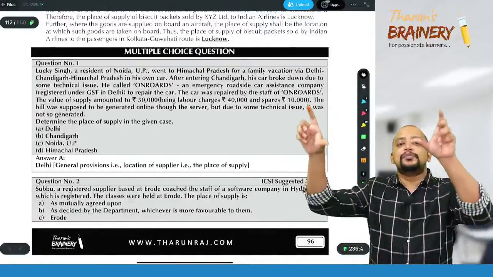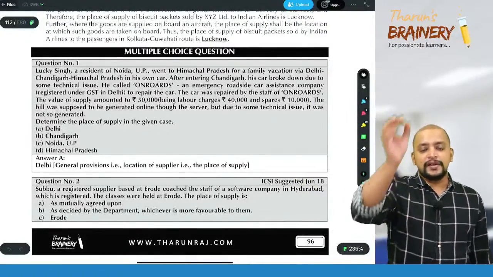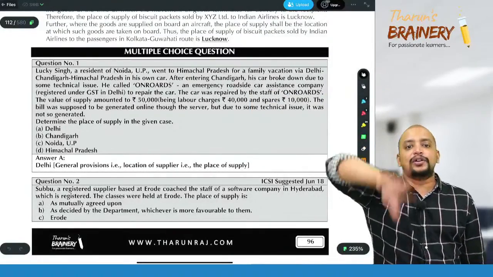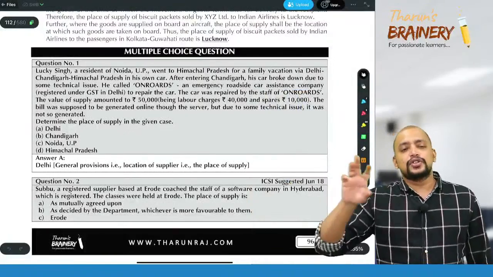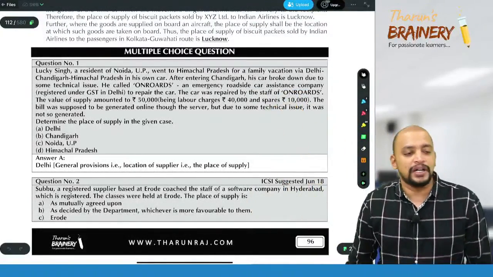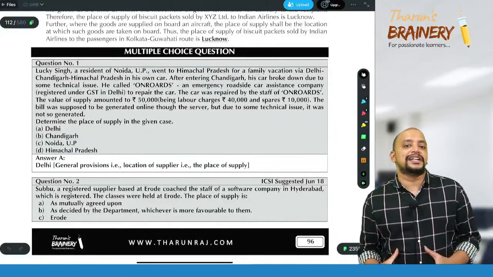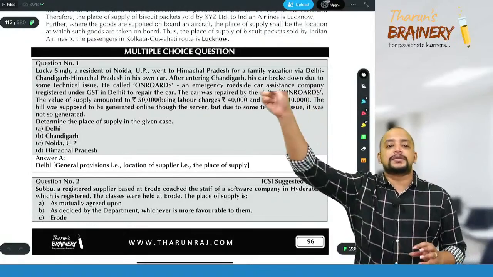Then only the table will be complete. So always in the first question, you will be doing computation of net GST payable, wherein you will prepare a table: particulars, CGST, SGST, UTGST, IGST. So usually CGST, SGST and IGST only. There you need to be in a position to classify whether it is intrastate or interstate, so then only you will be able to fill in the respective columns.